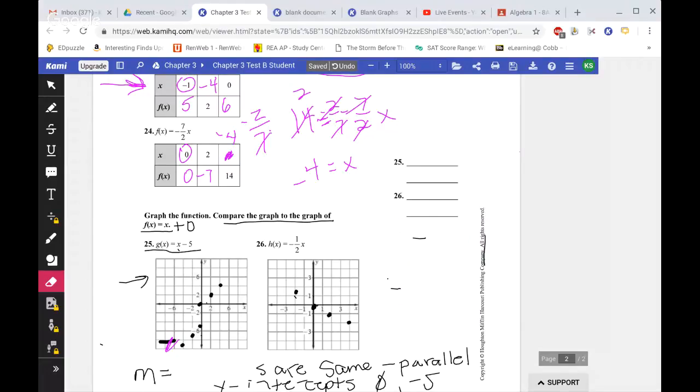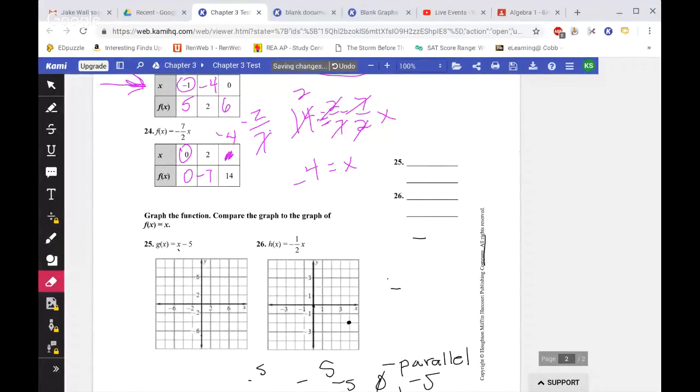So on number 25, and I believe this one was asked of me as well. On number 25, what we'll notice is they are in function notation form because you've got g of x equals x minus 5.